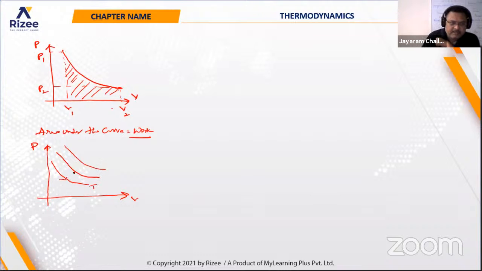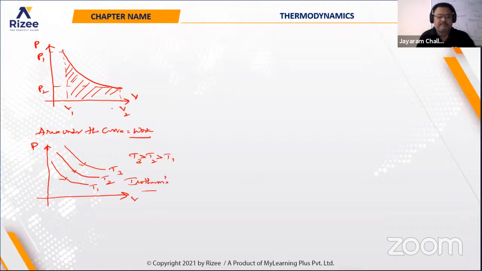Let this be temperature T1, this T2, and this T3, where T3 is greater than T2, which is greater than T1. So as the temperature gradually increases, the area under the curve also increases. These are called isotherms. So this is regarding the isothermal process.